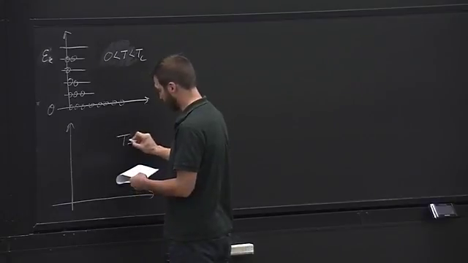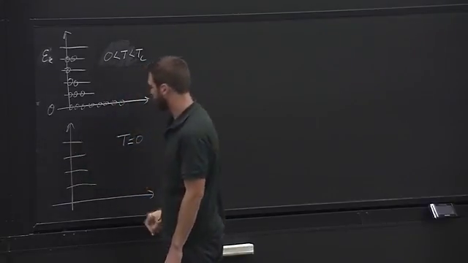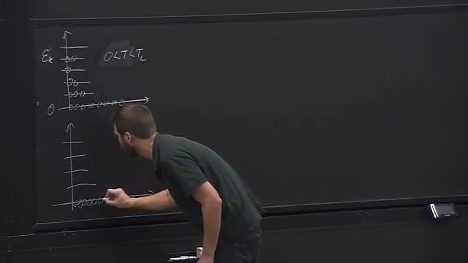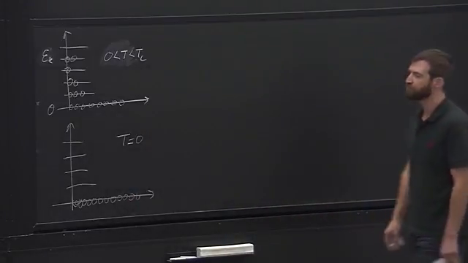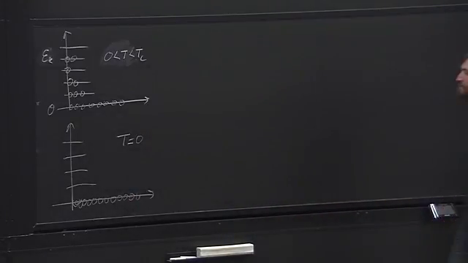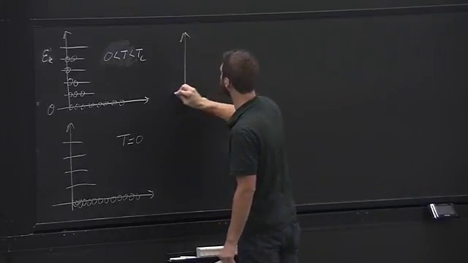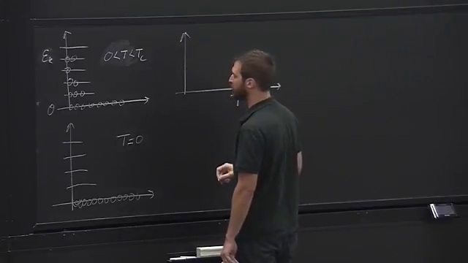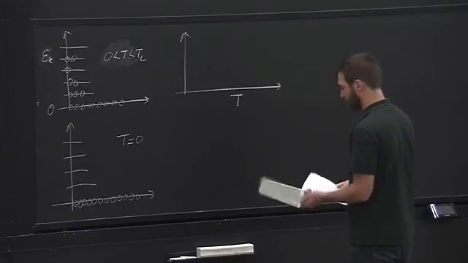And if we're at T equals 0, all of these excited levels drop down into the zero momentum level there. So there's some temperature dependence of the number of particles. So N naught turns on below Tc.